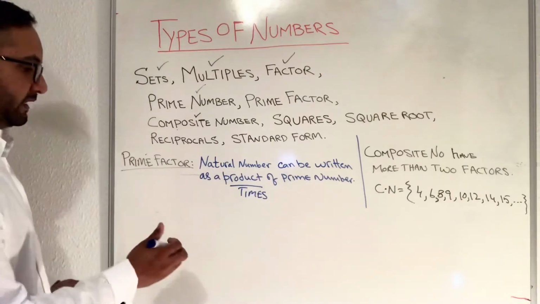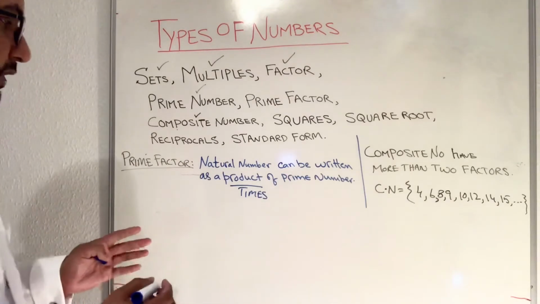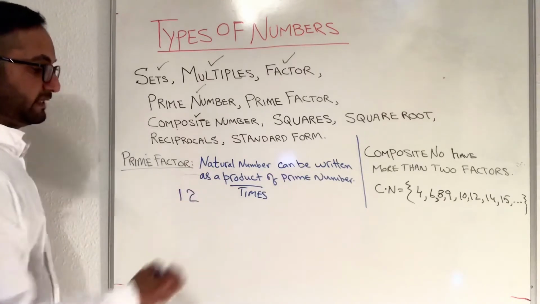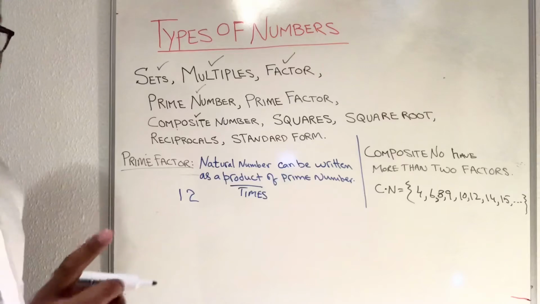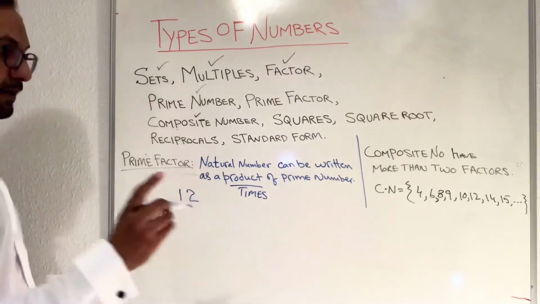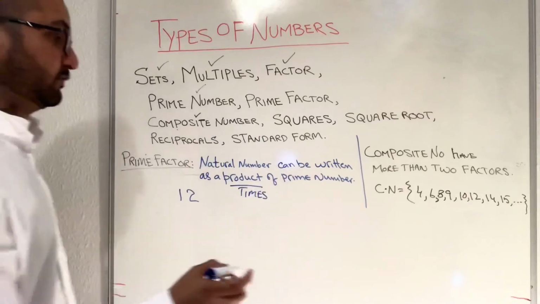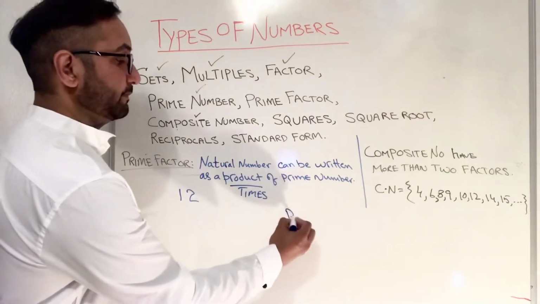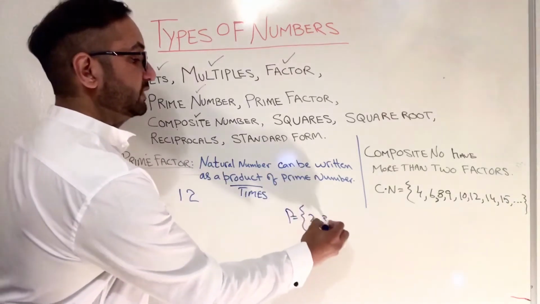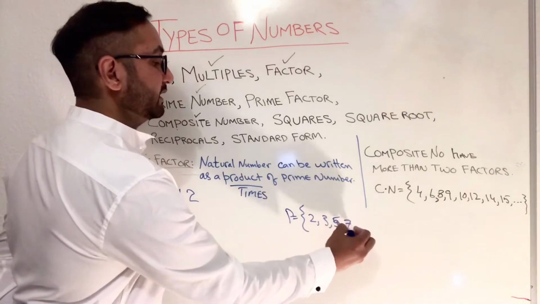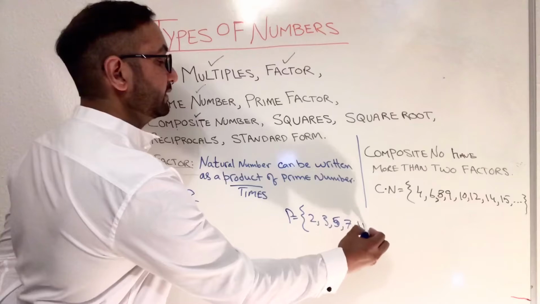So if they ask, can you find the prime factors of 12, for example, we always have to start from the prime numbers. What are the prime numbers? 2, 3, 5, 7, 11 and so on.